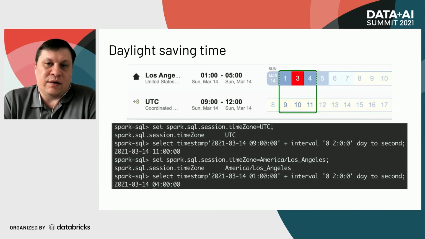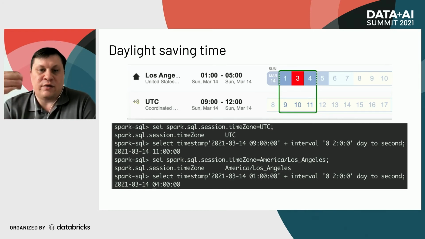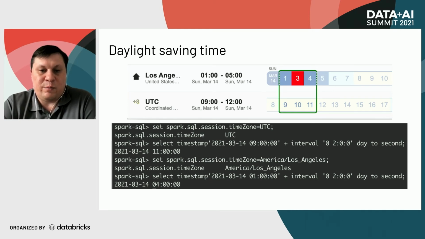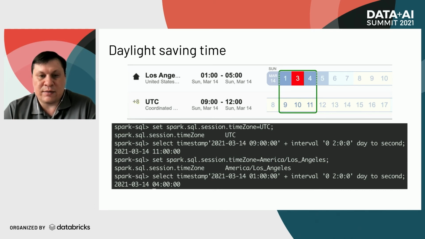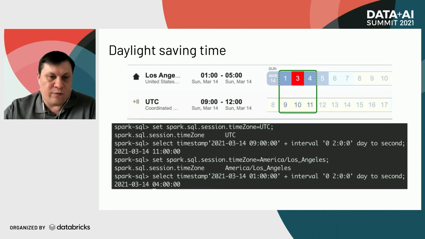Recently the United States switched from winter time to summer time and moved clocks forward by one hour. If you look at the example, I added an interval of 2 years to some timestamp, and the result is almost 3 hours later instead of two hours, as you would expect.